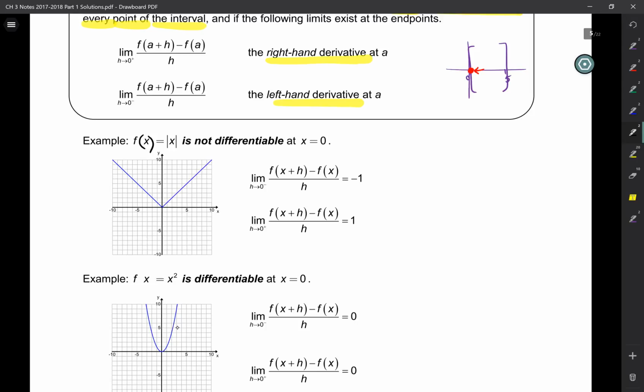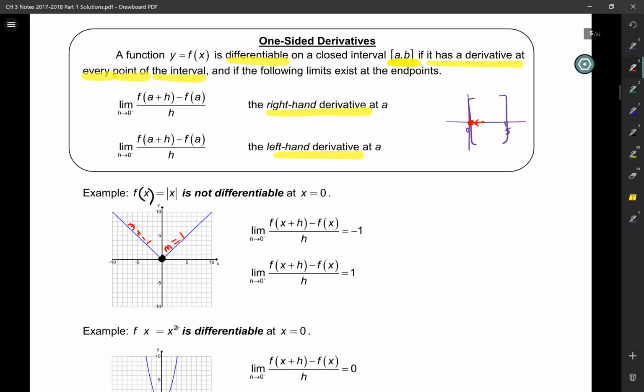Wait, so that's another condition? Yeah, that's what this was here. So that means it is not differentiable at x equals 0.